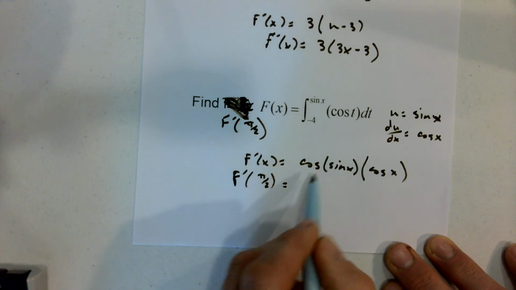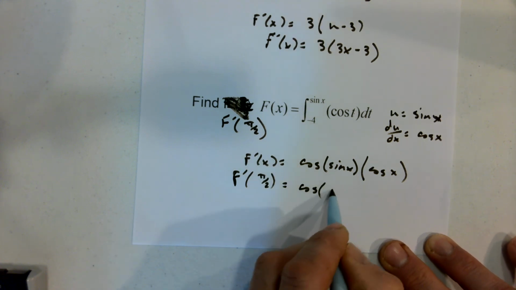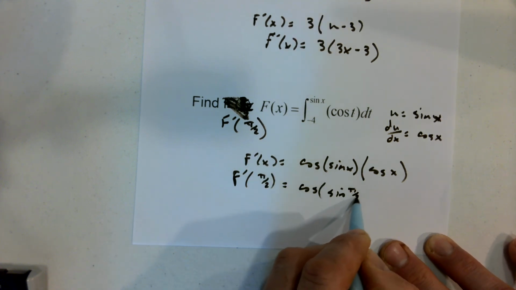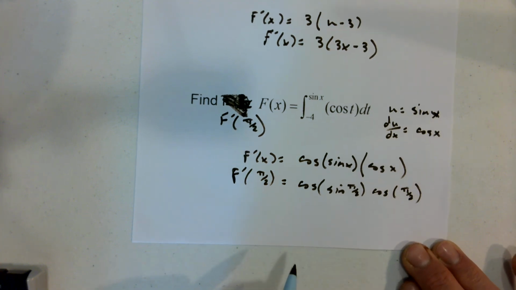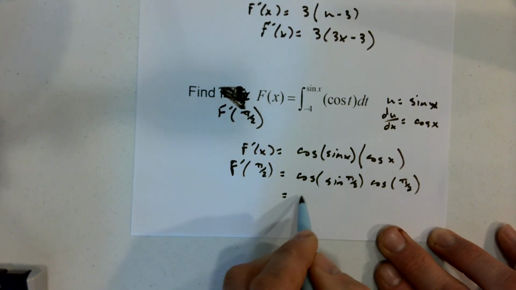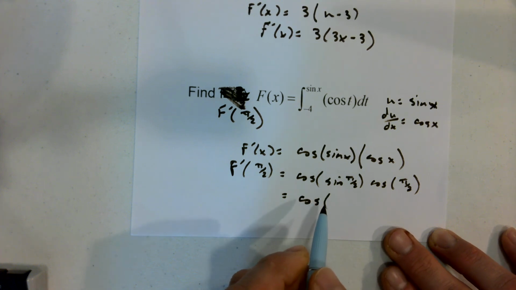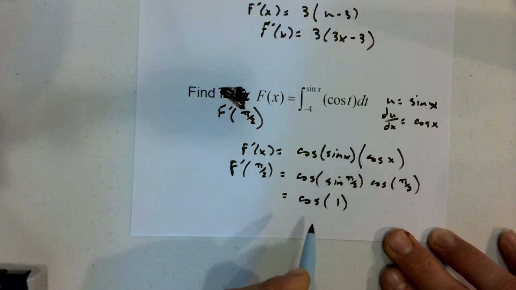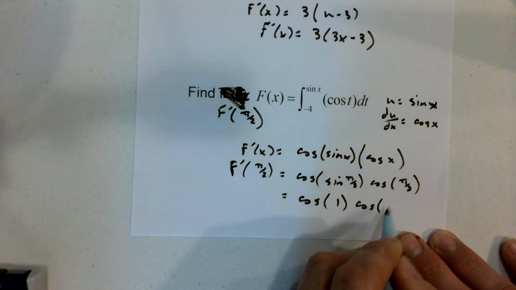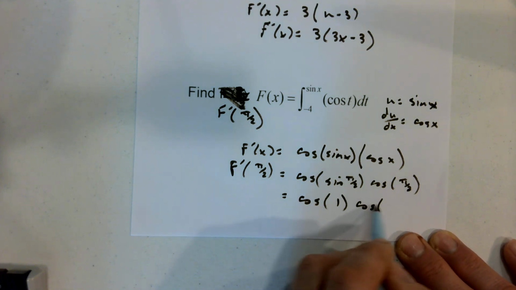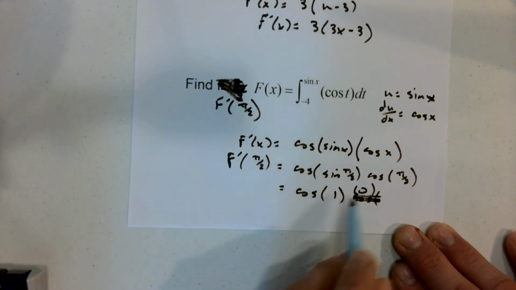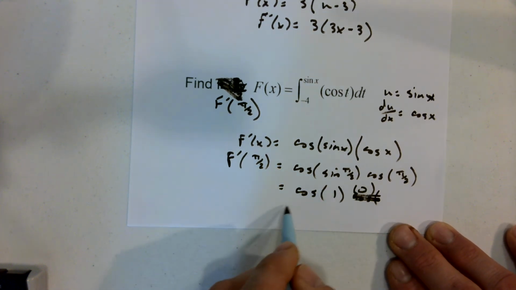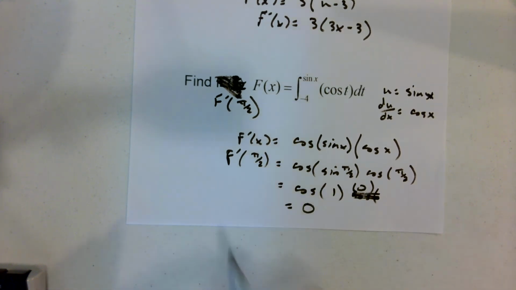So f prime of pi over 2 is the cosine of the sine of pi over 2 times the cosine of pi over 2. The sine of pi over 2, if I remember my unit circle, is 1. The cosine of pi over 2 is 0. Zero times the cosine of 1 is going to be 0, isn't it?